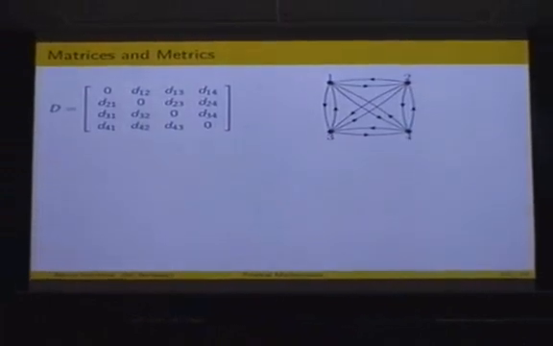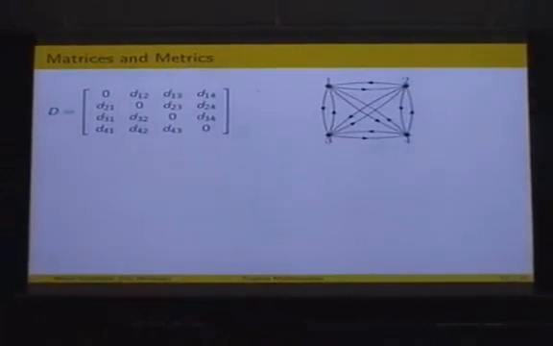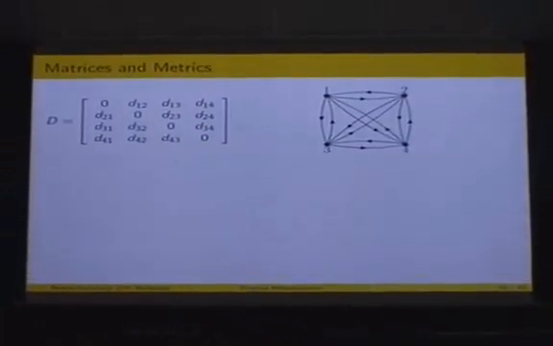So let's talk about matrices and metrics. And again, it's the friends from POSTECH who are the experts here. So a matrix is a matrix. And we've seen matrices already on the first slide. You multiply matrices just the ordinary way, rows times columns. I'm going to be interested in matrices of the following form.